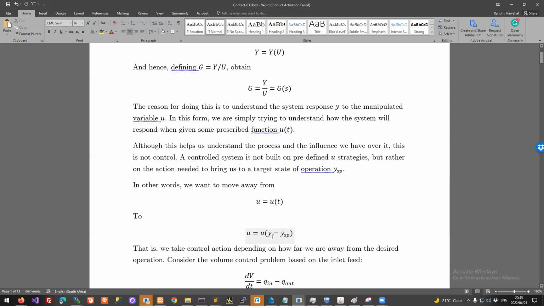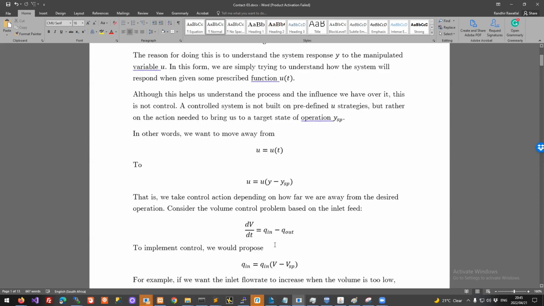So for example, instead of just saying u is some step function, so for example, if it's the case where we have the volume control, instead of saying the inlet flow rate was 10 and then we make it 20 and we just hope for the best, instead of saying that, we can say, well, I would rather say that my inlet flow rate must be some function of the difference between the set point, between my desired volume and the volume currently in the tank.